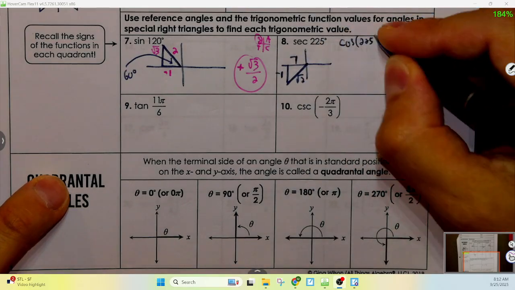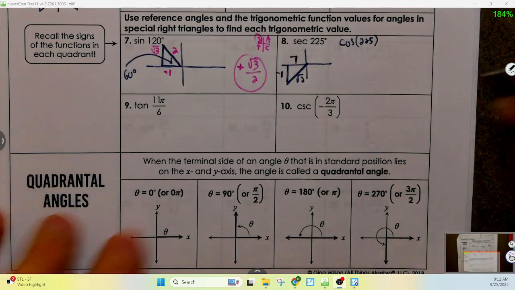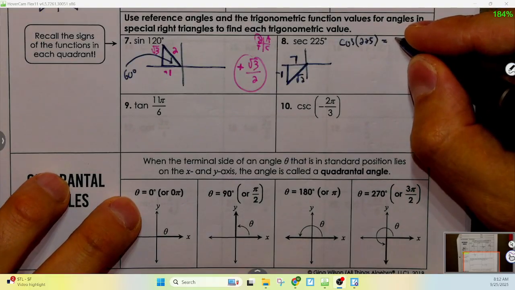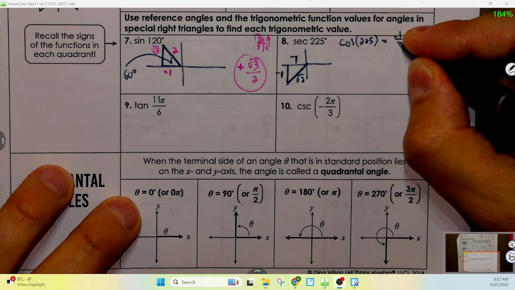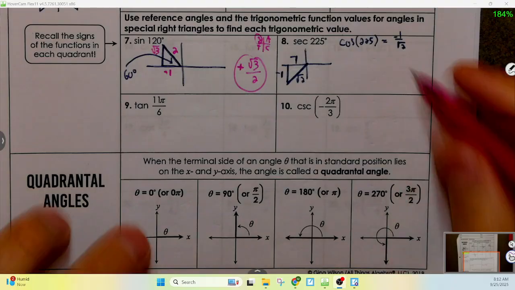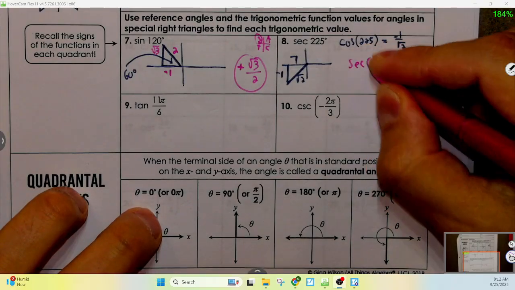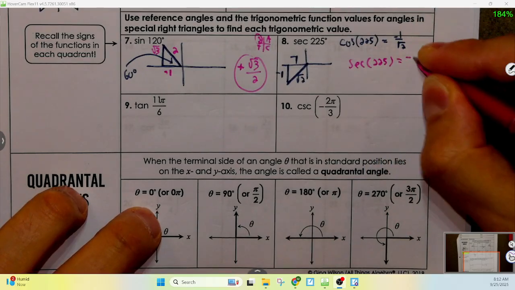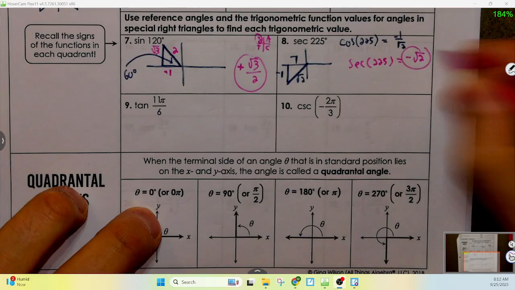It's up to you, you can do it however you want. Cosine of 225 is adjacent over hypotenuse, which is negative 1 over root 2. Now I'm going to flip it because I can take cosine and flip it to get secant. And that's going to actually be negative root 2. And that's our answer.